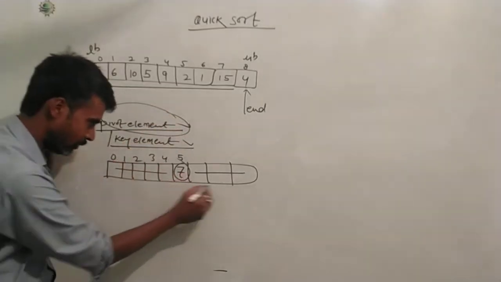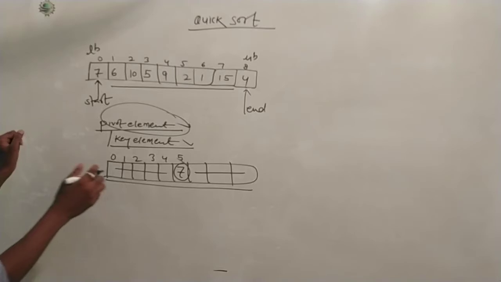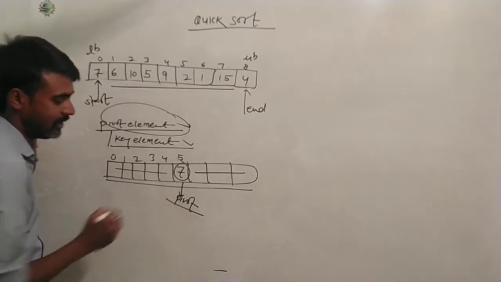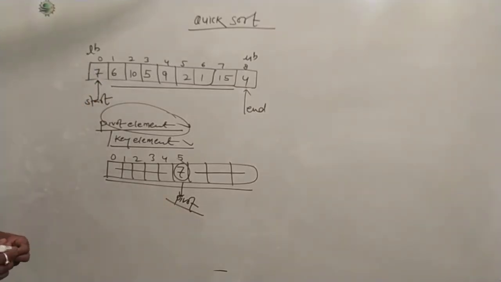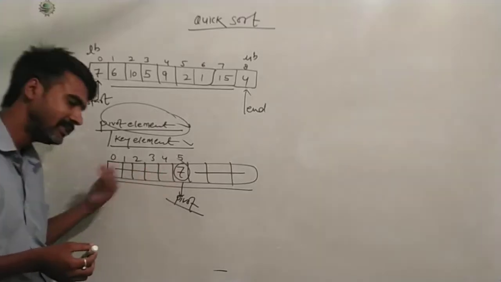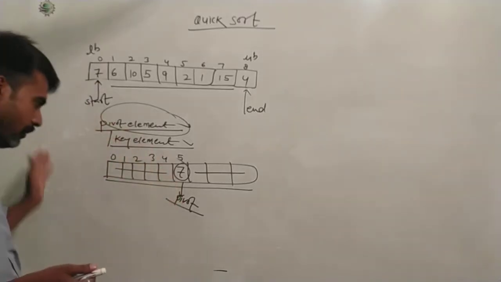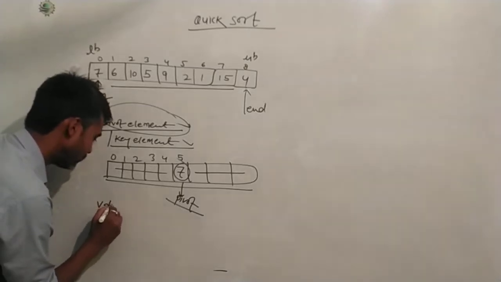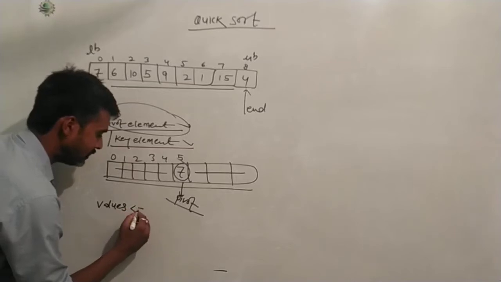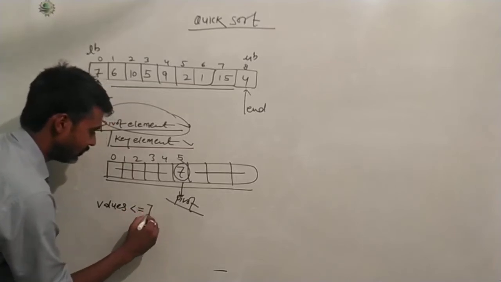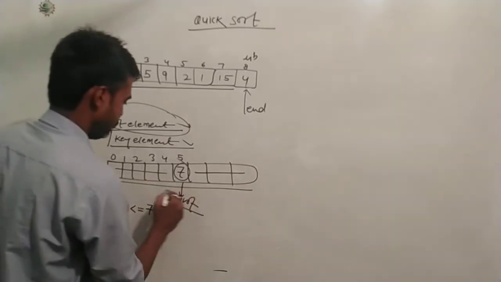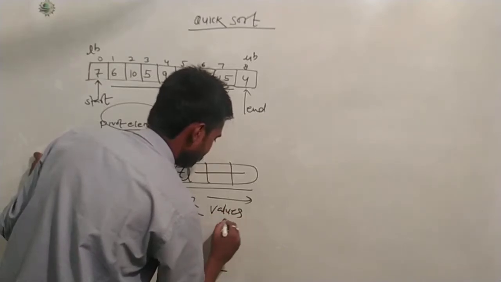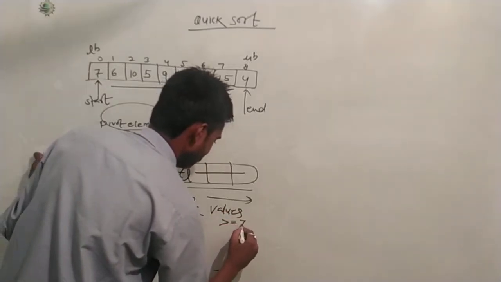Okay. Now, this is our pivot element. All the elements which are less than or equal to 7 should be before the pivot element, and values which are greater than or equal to 7 should be after it.